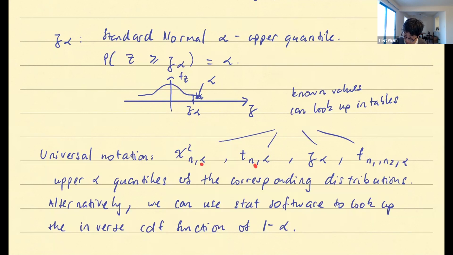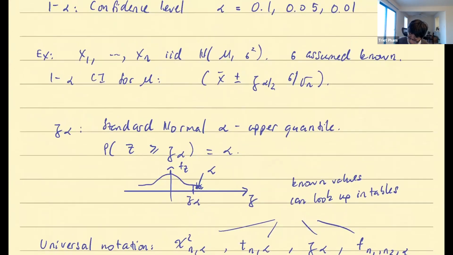The point is that these values, when we use them in this class, are constants. They're known values. Constant, questionable, but constant because we assume so. So the only thing that's random is here. This is the stat, the sample mean.